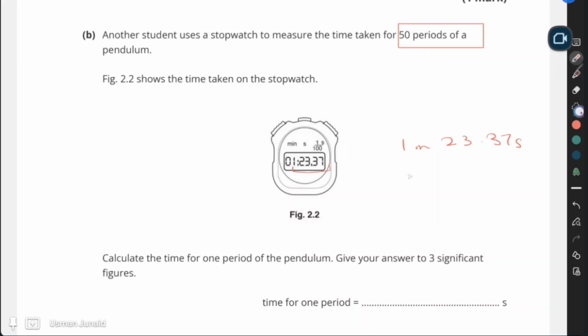If we are supposed to find the time for one period, we will divide this time by 50. The first thing that I'll do is make this all seconds. So it's 83.37 seconds. Can you give me the time for one period or one oscillation?